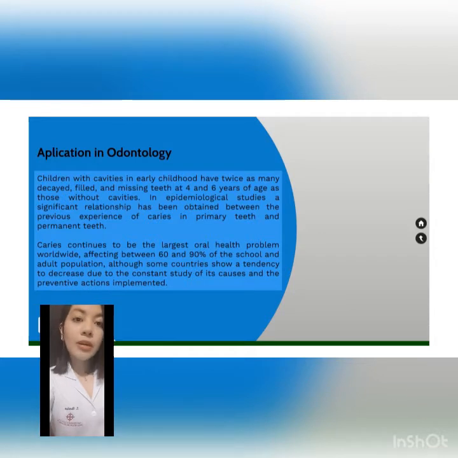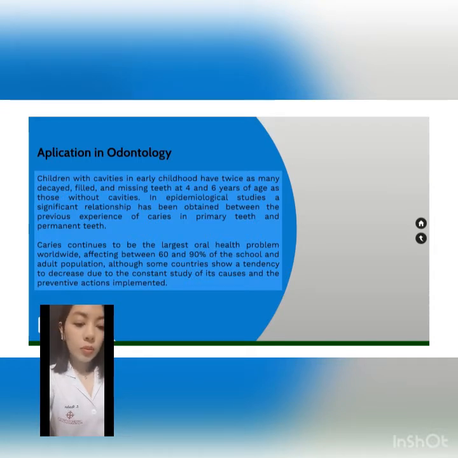Application in odontology: children with cavities in early childhood have twice as many decayed, filled, and missing teeth at 4 and 6 years of age as those without cavities. In epidemiological studies, a significant relationship has been obtained between a previous experience of caries in primary teeth and in permanent teeth.